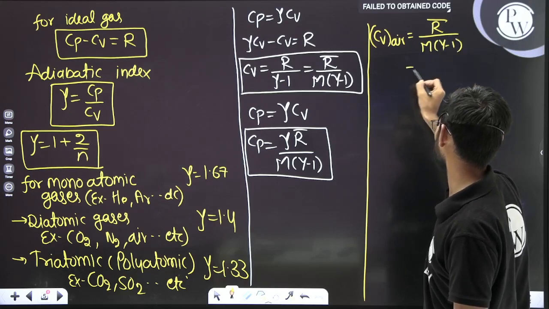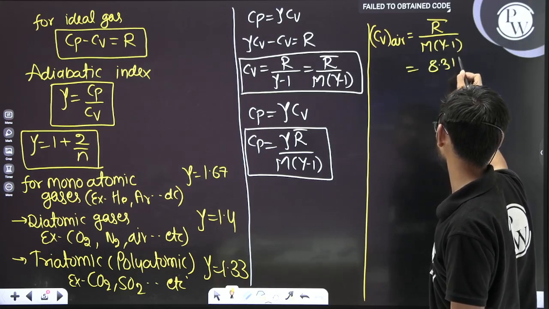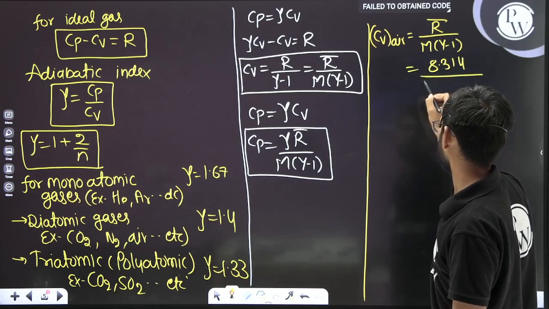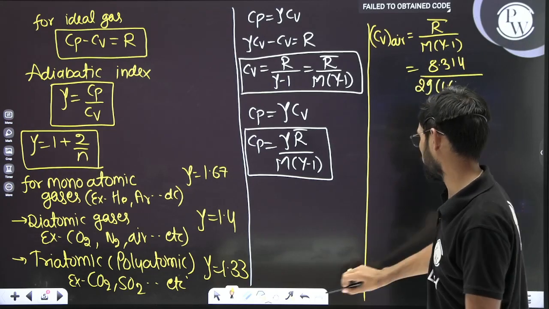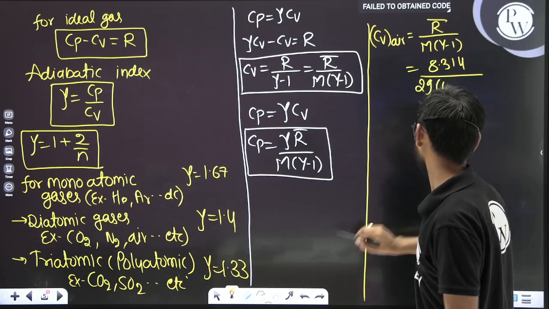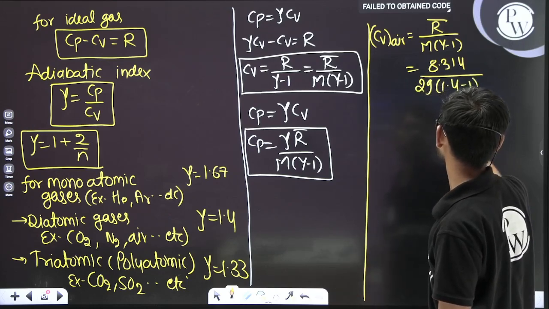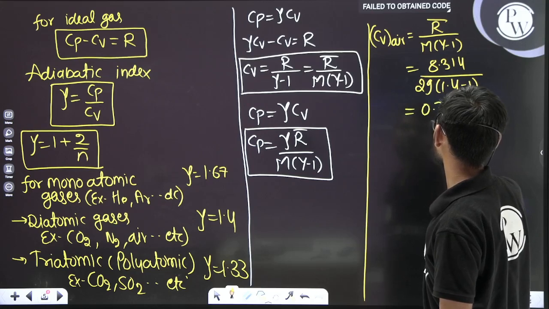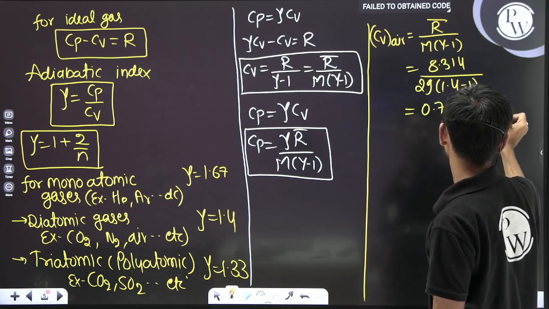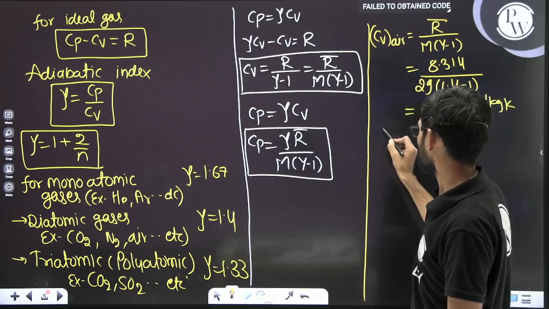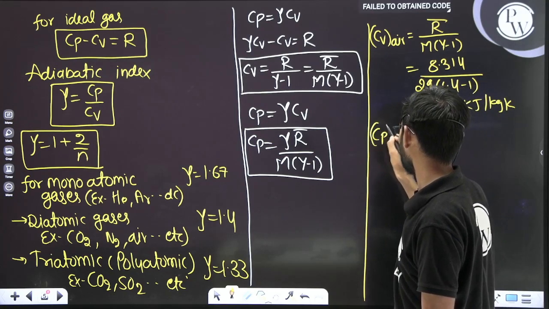So what will be the value? 8.314 divided by molecular weight 29, gamma value is 1.4 for air, 1.4 minus 1. So this value will come 0.718 kilojoule per kg Kelvin. Now similarly I can write Cp of air.